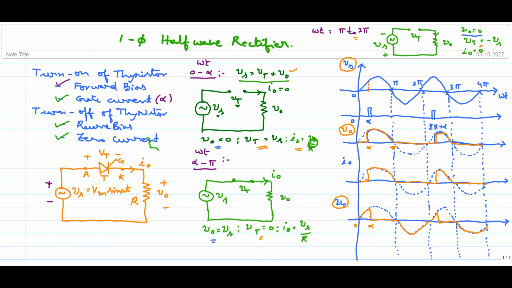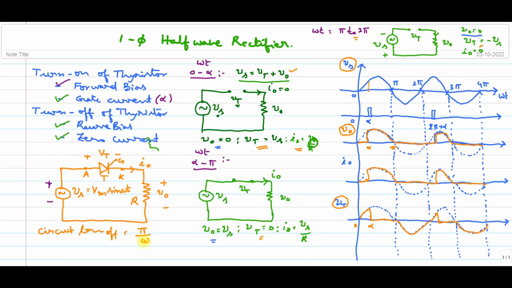And coming to circuit turn off time, there is only one word, circuit turn off time. So this circuit turn off time is depending upon how much time we are making our thyristor to turn off. So in this circuit, the thyristor will be turned off from pi to 2 pi. So it is pi, 2 pi minus pi is pi divided by omega.